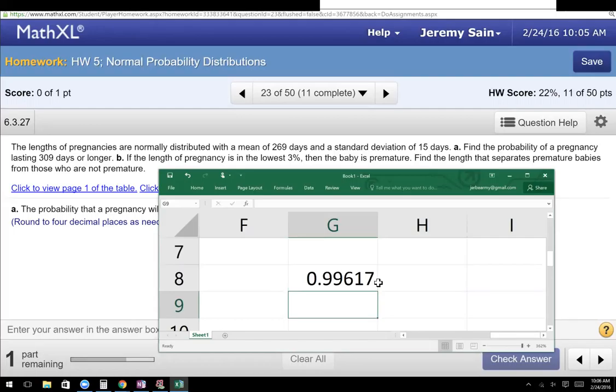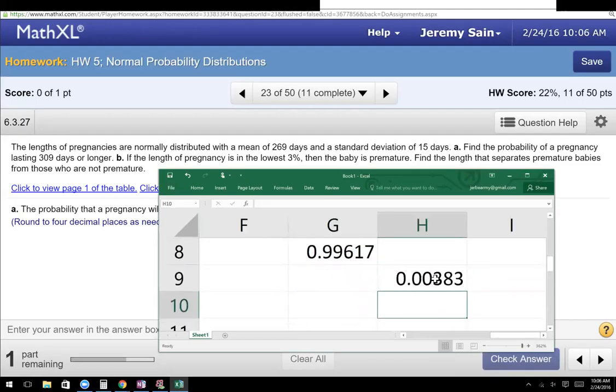Yeah, remember this thing always gives us the probability to the left, right? So I've got a 99% chance the pregnancy lasts less than 309. So the probability it lasts longer, which is what I want, what should I do? Yeah, 1 minus that guy. There we go.